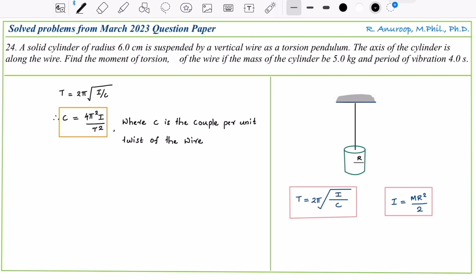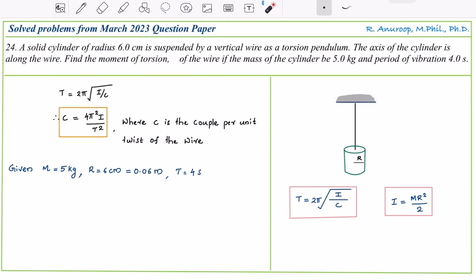It is given that the mass of the cylinder is 5 kg and the radius is 6 centimeter, that is 0.06 meter, and the period of oscillation is 4 seconds, that is T is equal to 4 seconds.